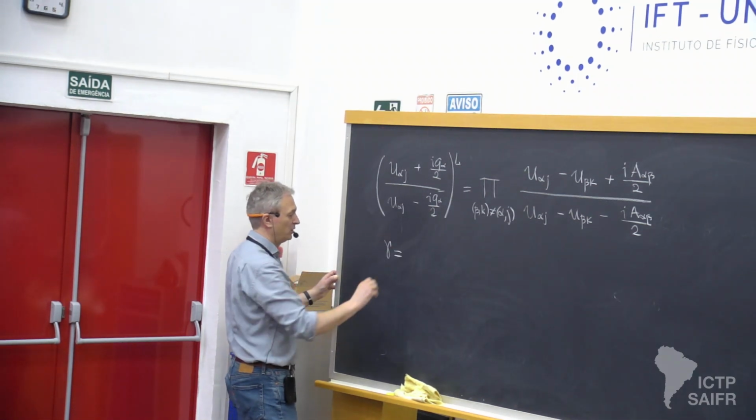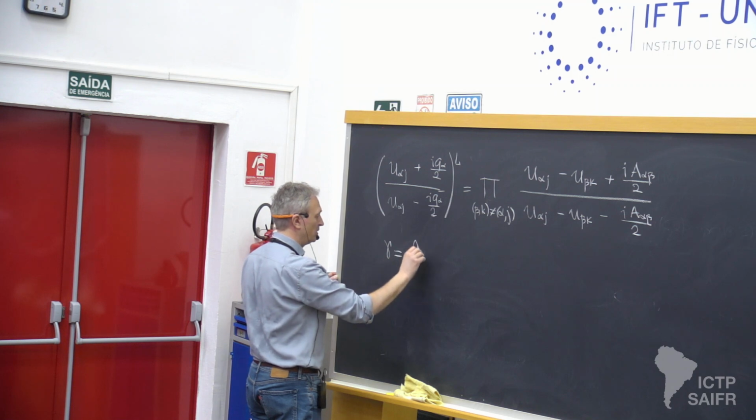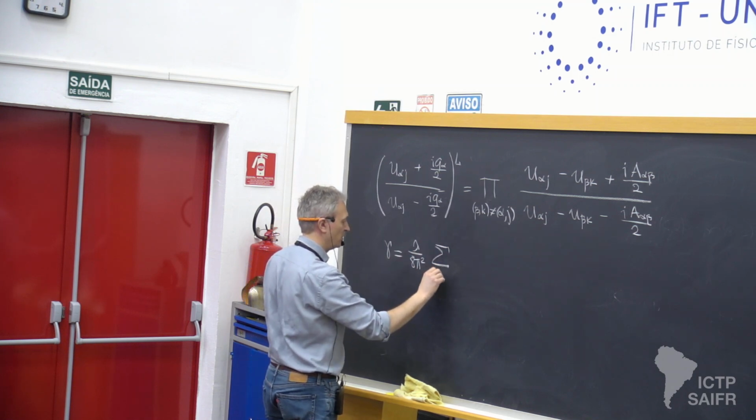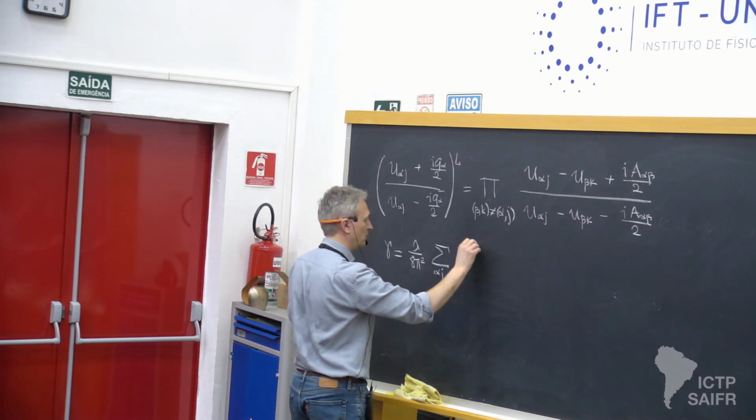That will be equal to lambda over 8 pi squared, sum over alpha j, q alpha.